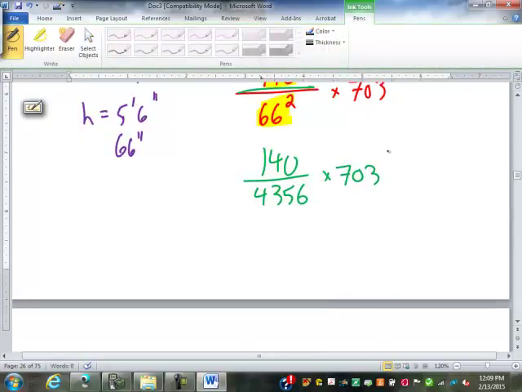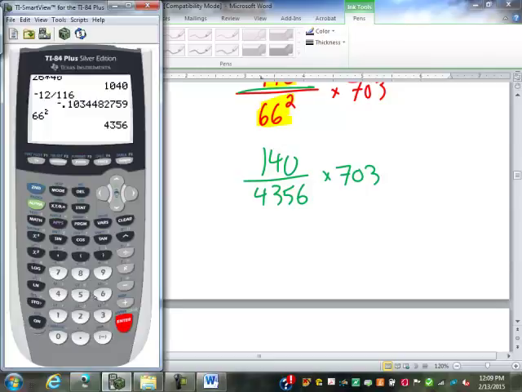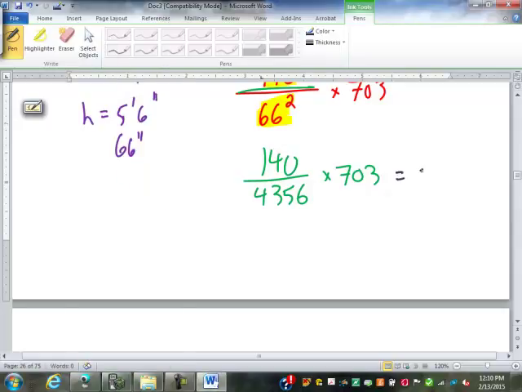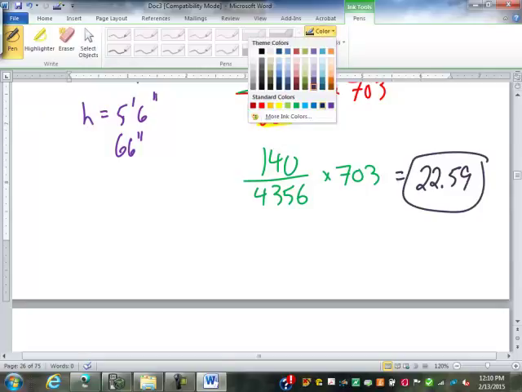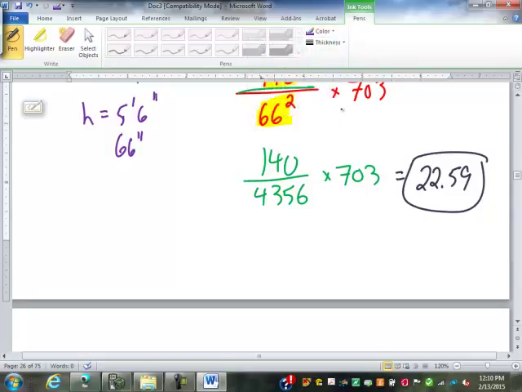So now we go ahead and just divide that. 140 divided by 4356, and then times the 703. So 22.59. So approximately 22 or 23 is the body mass index of that particular patient.